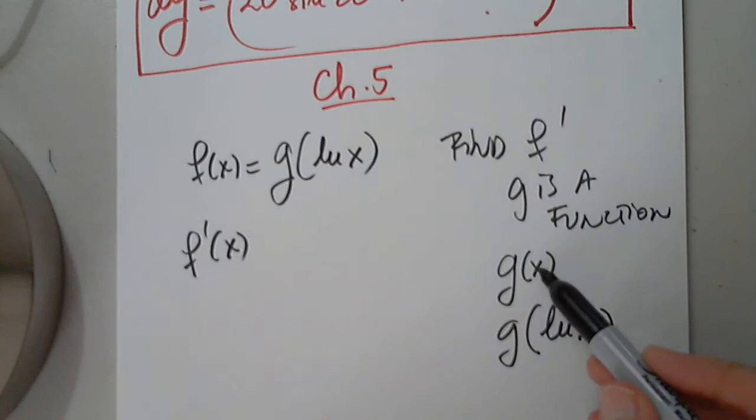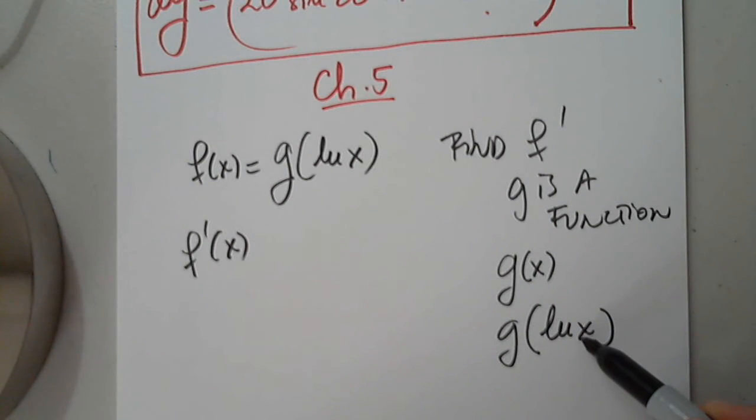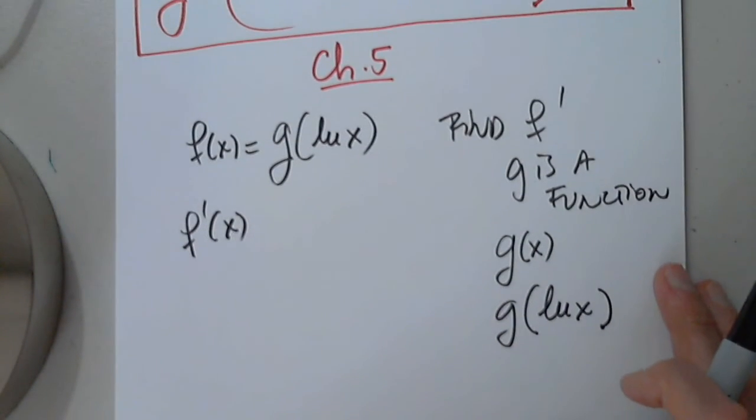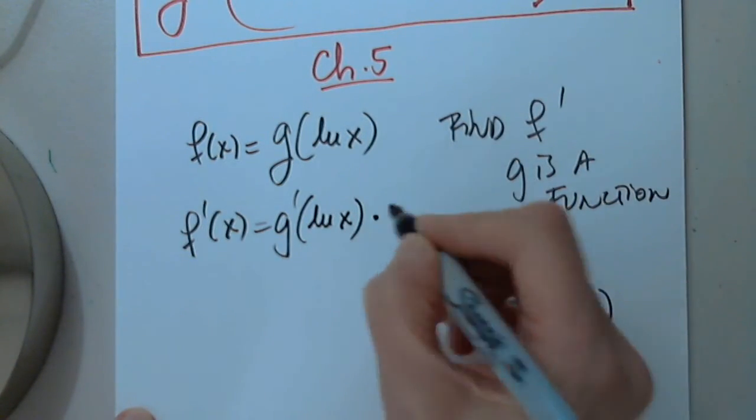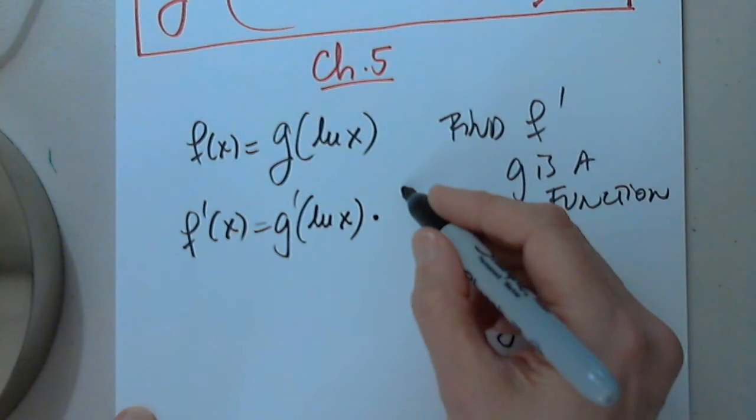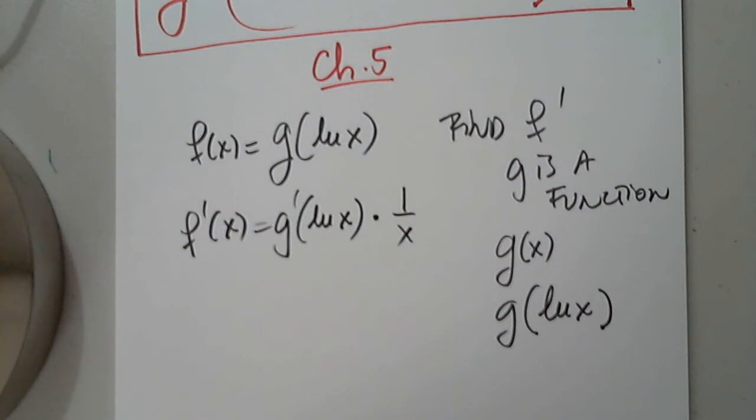G is not times x, and g is not times this. So it's g of natural log x. So g prime of natural log x times ln x prime, which is 1 over x. That's it. Excellent.